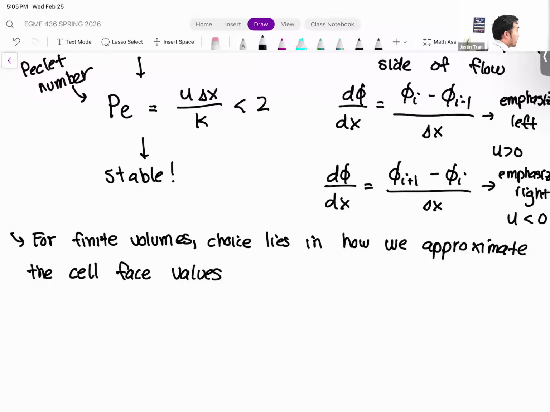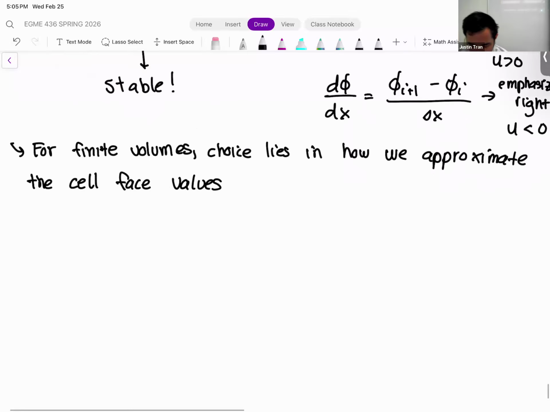That's going to tell us whether we're using a central scheme or central-like scheme or an upwinding-like scheme. Okay.